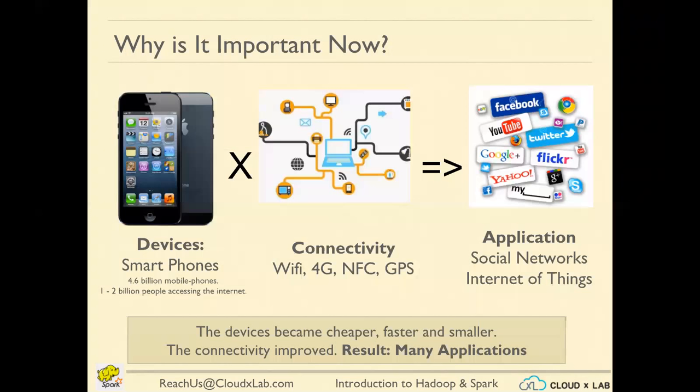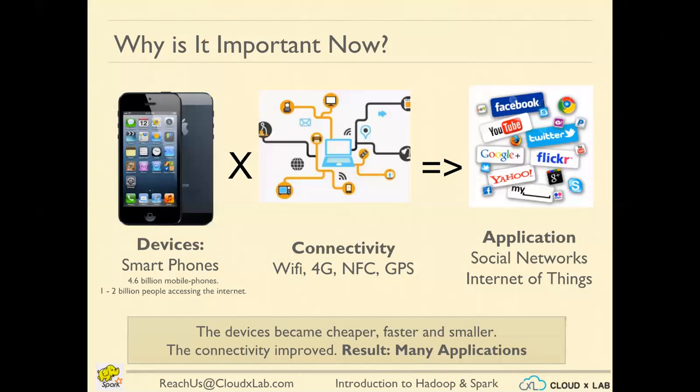On one hand, the devices became faster, cheaper, and smaller. And on the other hand, the connectivity. When I talk about devices, it means devices such as smartphones, sensors, wearables, and diagnostic devices. So most electronic devices are getting smaller, faster, and cheaper.